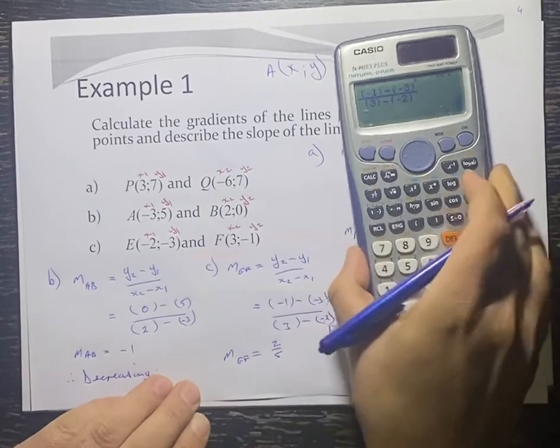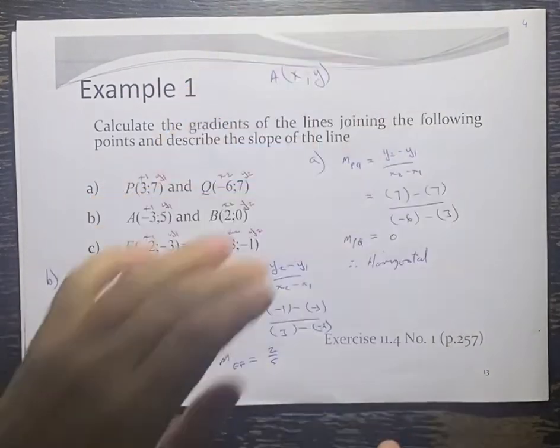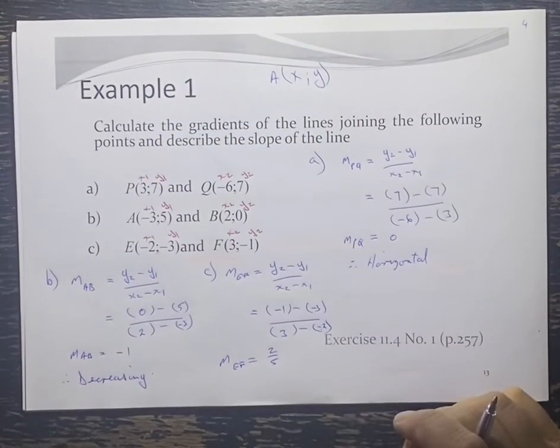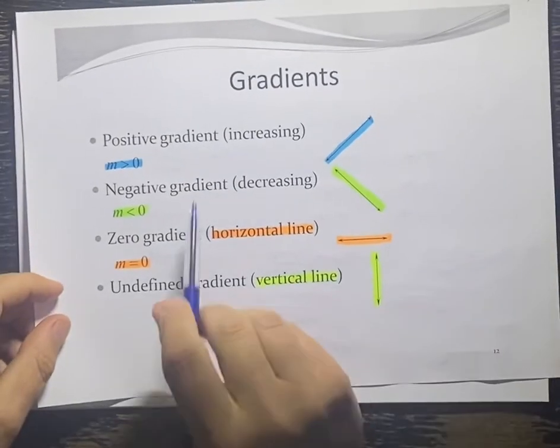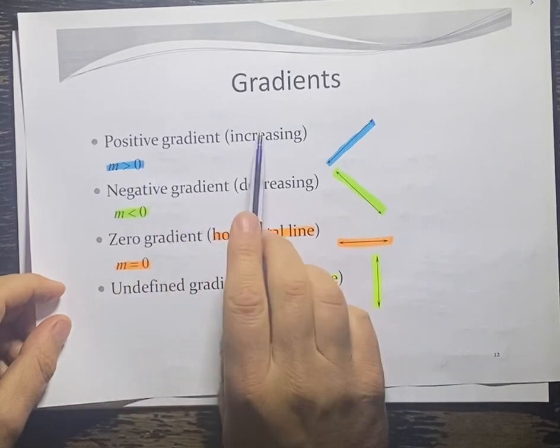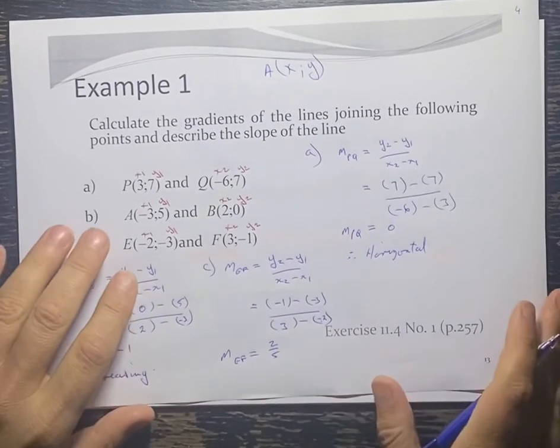Again, guys, I'm not too concerned about what the number is just yet. I'm more concerned about whether it's a positive or a negative number. Because this is a positive number, we know that a positive gradient is increasing. So therefore, this is increasing.